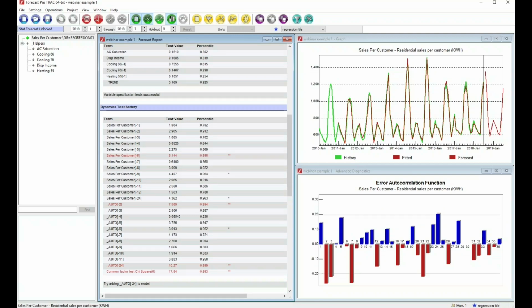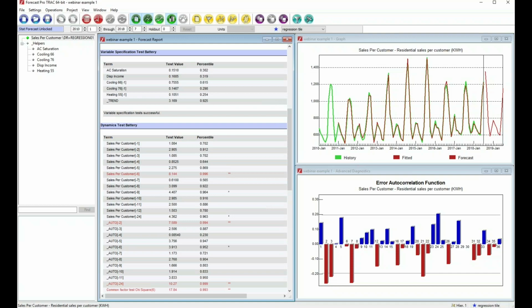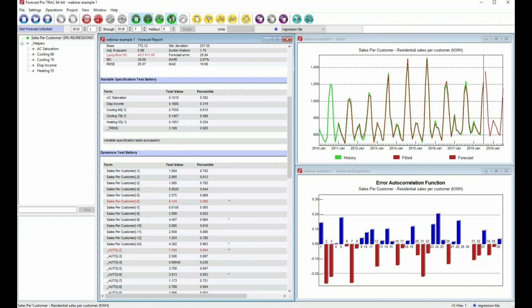But what I'm trying to do is not to make you a regression expert in an hour. No one can do that. But what I'm trying to do is give you a flavor for how these models are built, both if we do automatic dynamics, which is very simple and straightforward, and if we do it interactively.